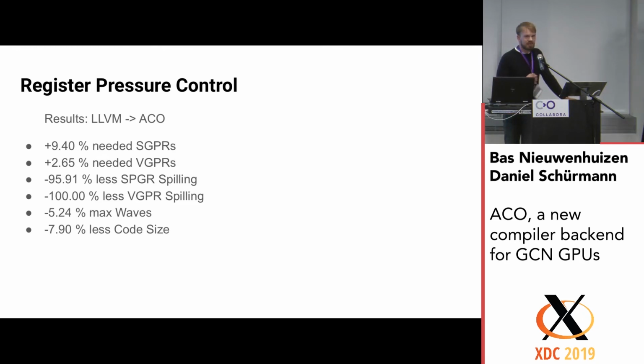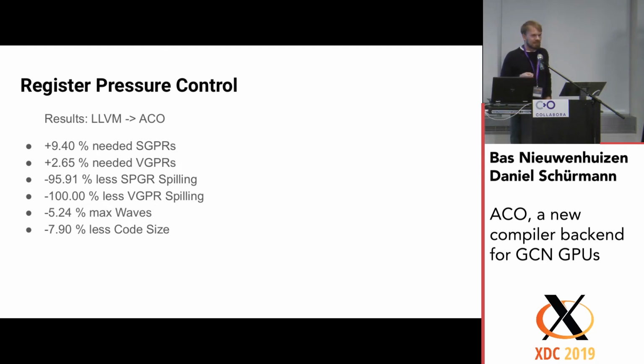ACO has a few less maximum number of waves. But this is something we can decide. So we figured that it seems worth to sacrifice a few waves, a bit of parallelism, in order to increase the distances between loads and users.